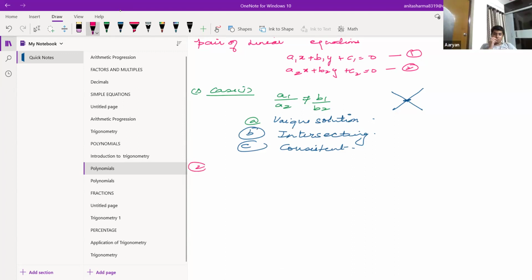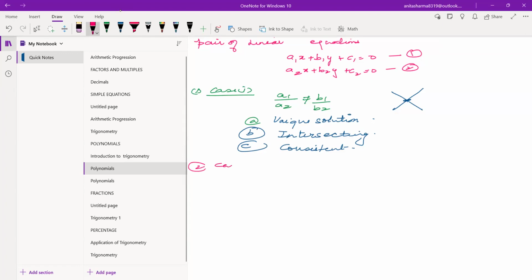Yes, ma'am. Okay. So now the second case is when A1 upon A2 ratio is equal to B1 upon B2, but not equal to C1 upon C2, then the lines will be parallel.